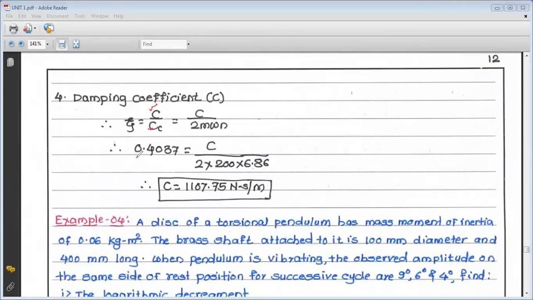So zeta is known to us, that is 0.4037 is equal to C by Cc, and Cc is 2m omega n. So 2m is 200 kg and omega n is 6.86. From that we get the damping coefficient C as 1107.75 Newton second per meter.